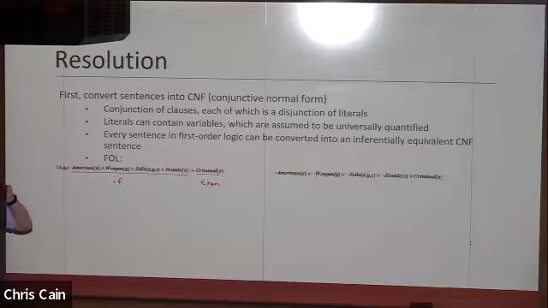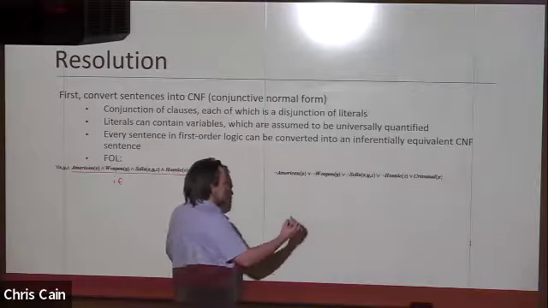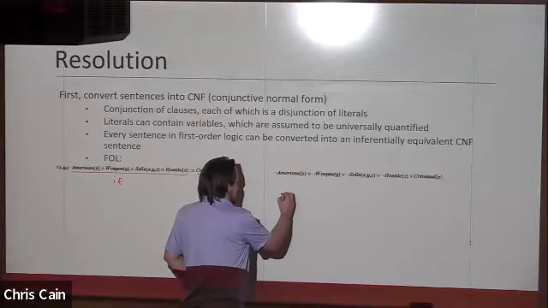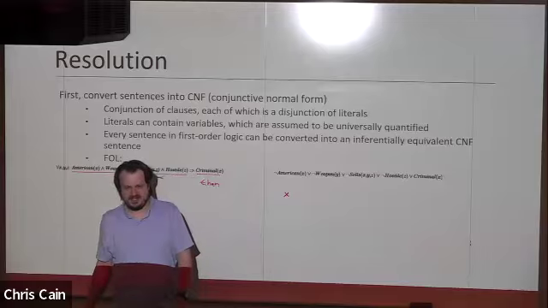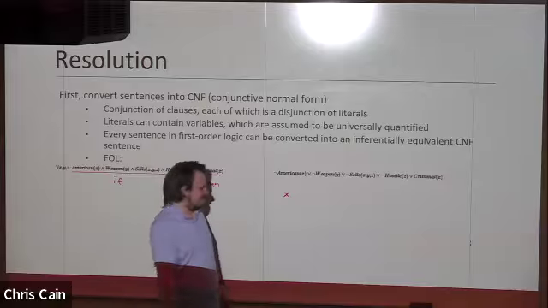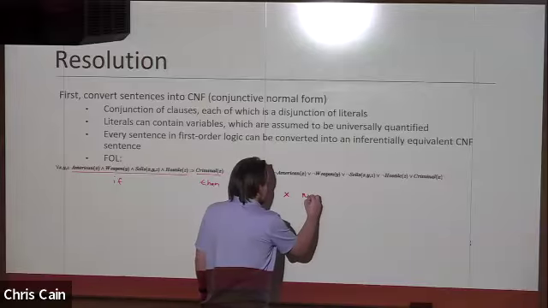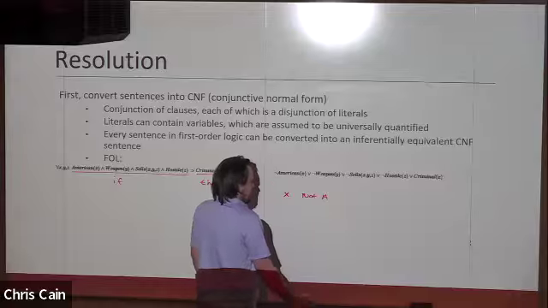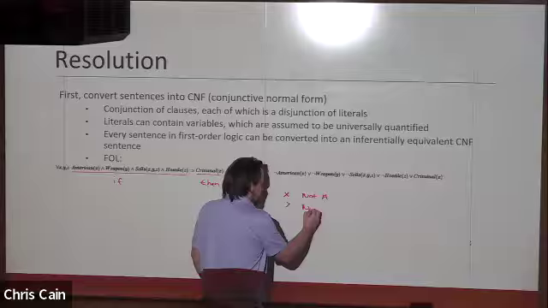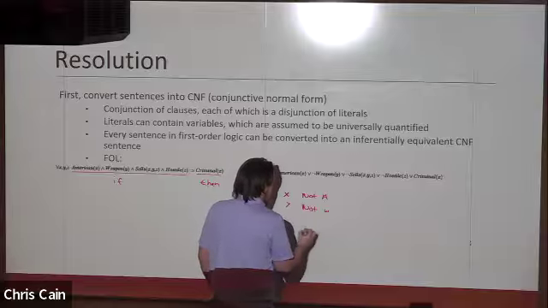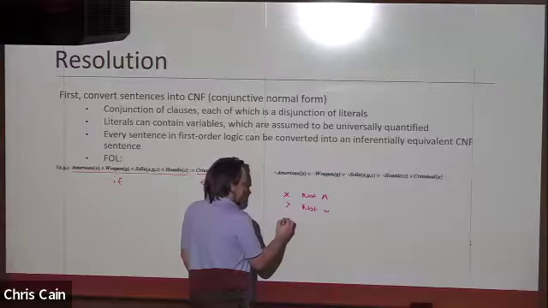So let's just come up with an example. Give me an x. Basically, is x an American or not an American? Not an American. Is y a weapon? No. Did x sell y to z?